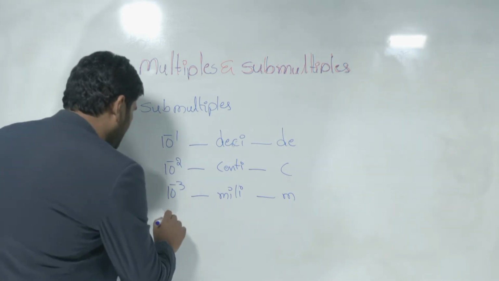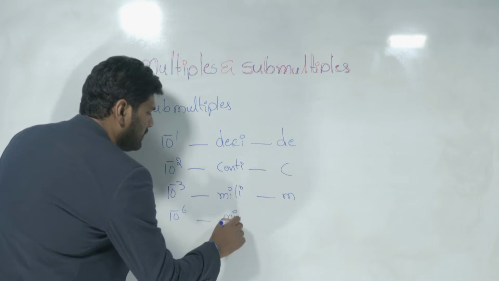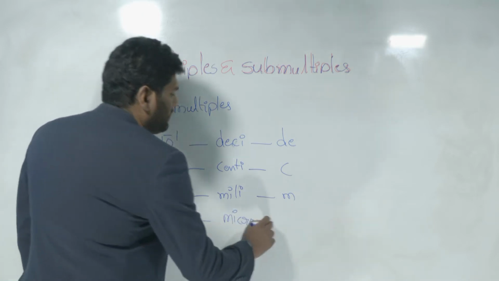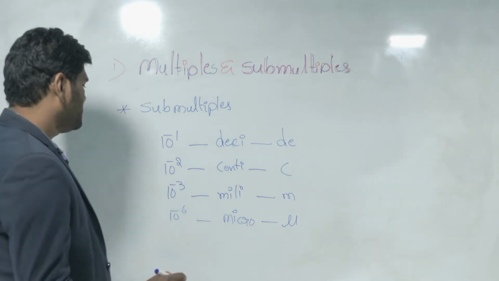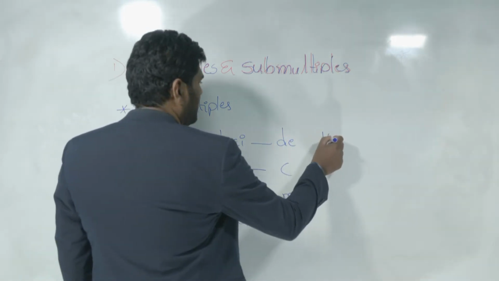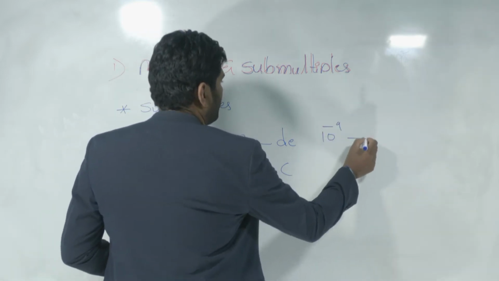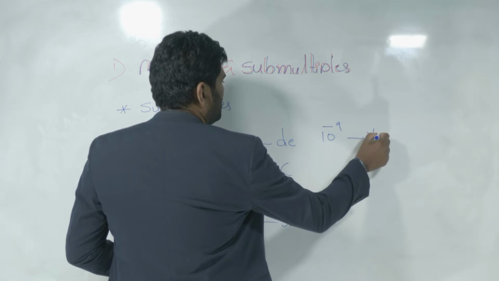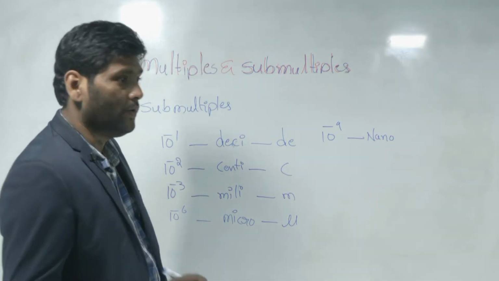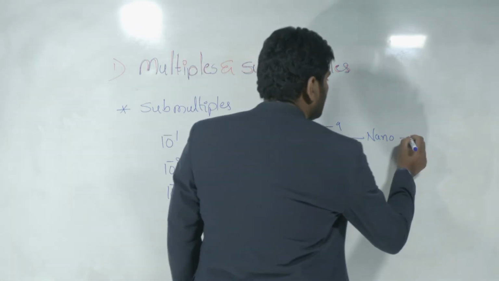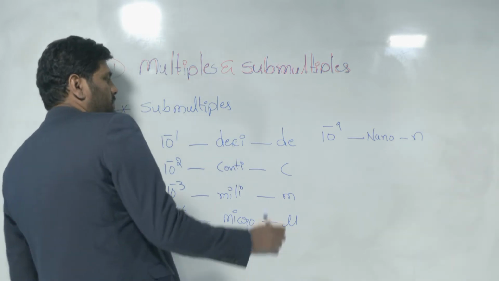Next, 10 power minus 6 is called micro. The symbol is mu. Similarly, 10 power minus 9 is called nano, not nano car. Nano is represented with a small n.